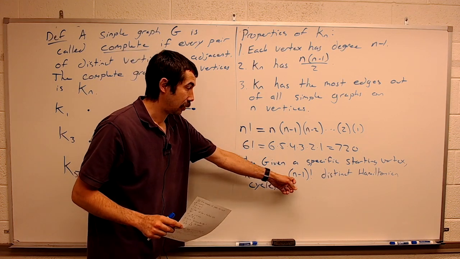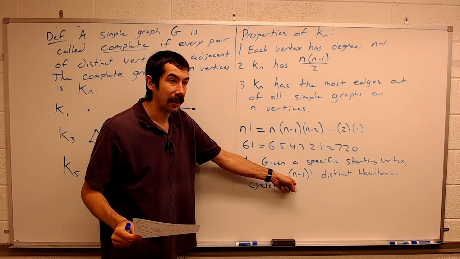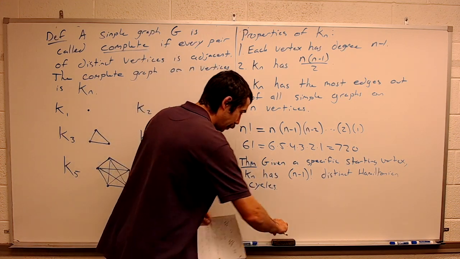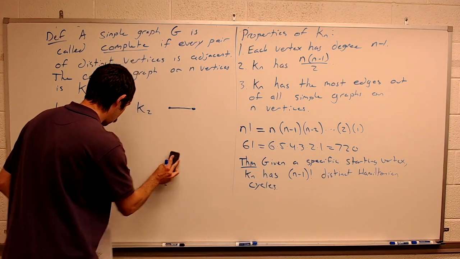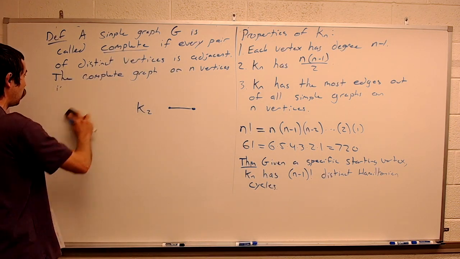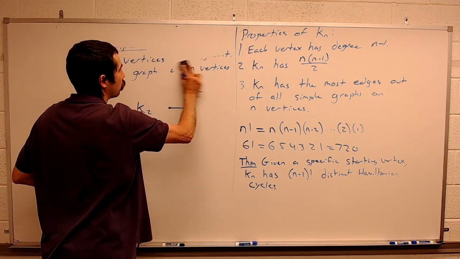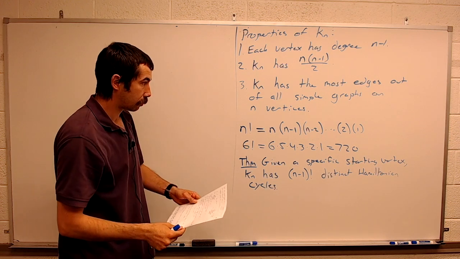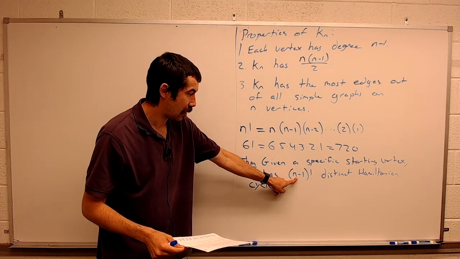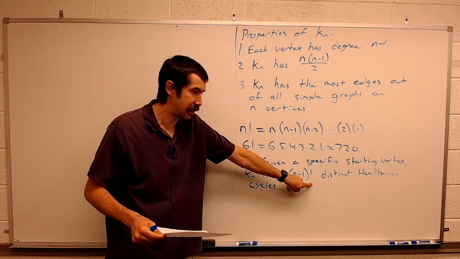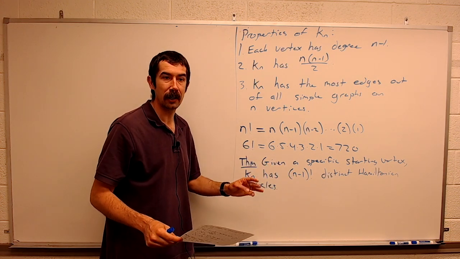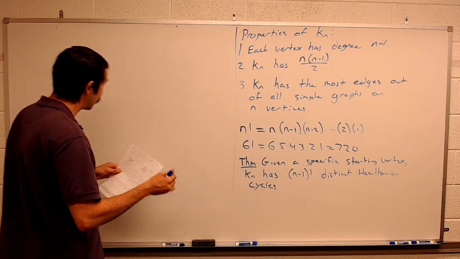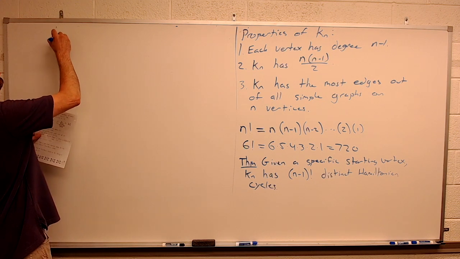That's a lot. If you have your calculator out, plug in 20 factorial, and you're going to see it's a massive number. All right, so let me just give you a very quick example. If we were to believe this theorem, which you should, it's a theorem, K4 has 3 factorial distinct Hamiltonian cycles. 3 factorial is 3 times 2 times 1, 6. There should be 6 Hamiltonian cycles on K4.